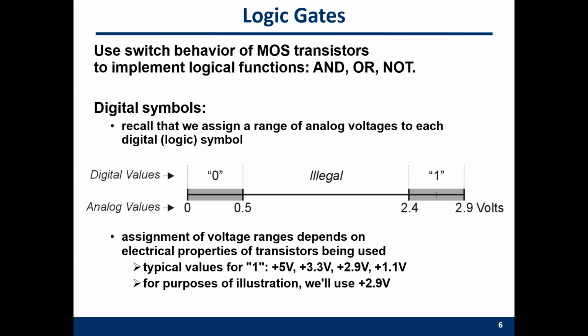By these two types of MOS, we can build some simple logic gates like AND, OR, NOT. Again, we adopted the binary system. This is a 1 and then this is a 0. The 0 is always a small value, but the VDD depends on your process technology.